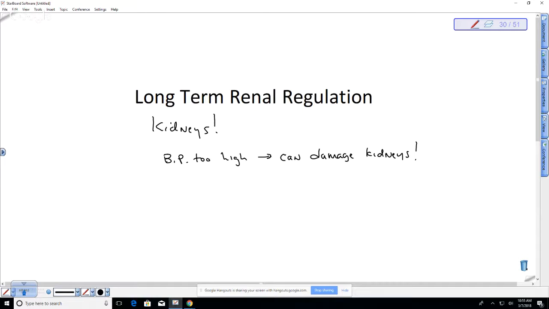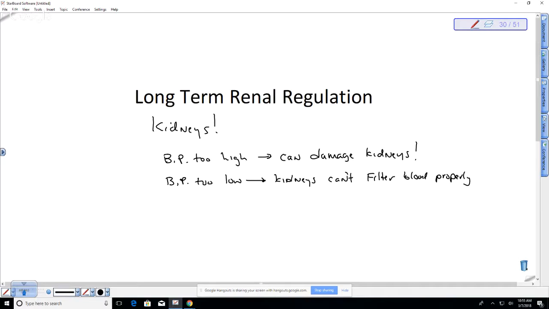If the blood pressure is too low, the kidneys cannot filter the blood.